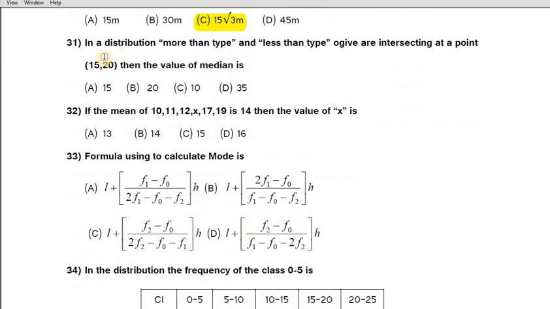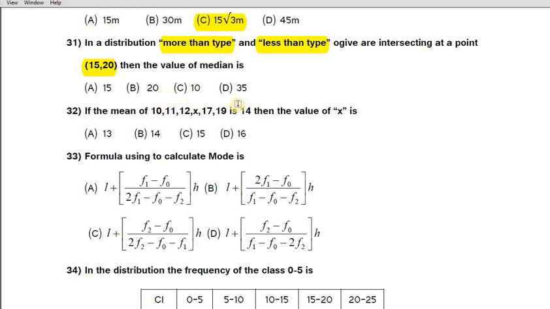Question number 31. In a distribution, more than type and less than type ogives are intersecting at a point (15, 20). Then the value of median is, given options are 15, 20, 10, 35.